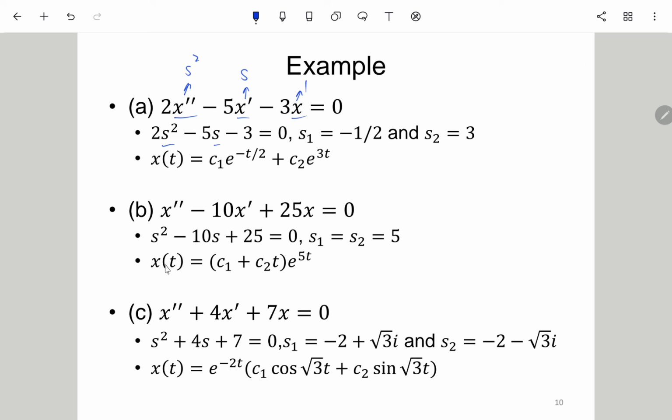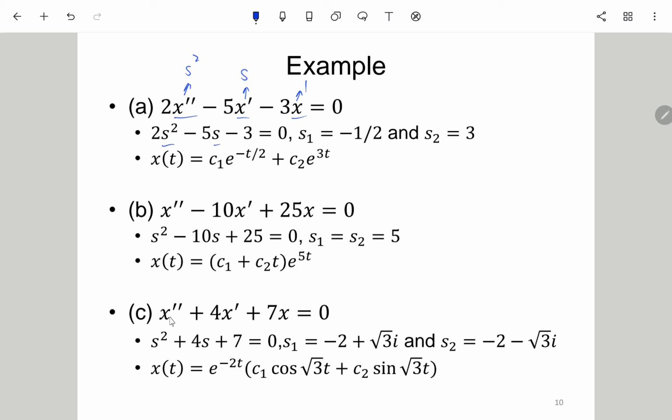So the solution to this second order ODE, with repeated real roots, is c1 plus c2t times exponential to 5t.